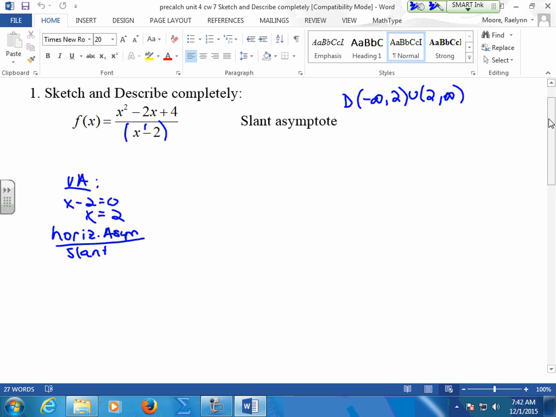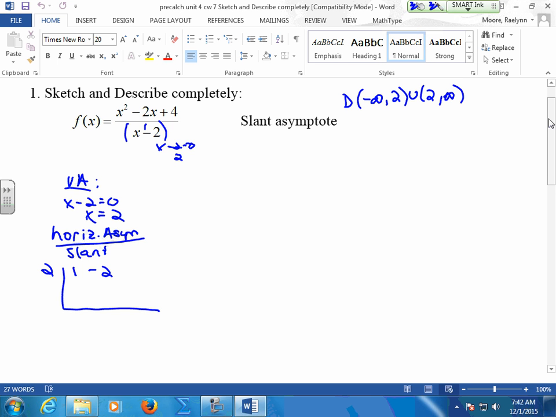Now, we find our slant asymptote by synthetic division. But it's quick because we don't care about the remainder. So we make sure the leading coefficient is 1. We set this equal to 0. There's a 0 here. We take out the 2, and we just synthetically divide this. Because an asymptote is a line, right?